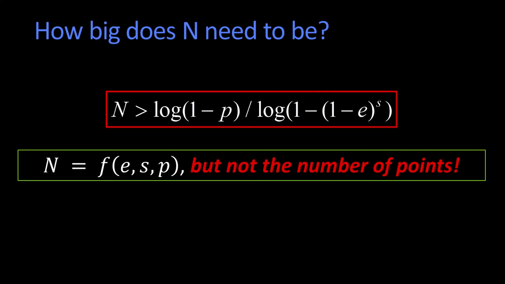It only has to do with the percentage of wrong ones and the size of the minimal set and how sure you want to be that you got there. So that's really great, because that means that the whole algorithm is pretty scale invariant, or I should say size invariant, with respect to the number of matches and the number of hypothesized points that you have. And that actually is part of the reason that it works so well.